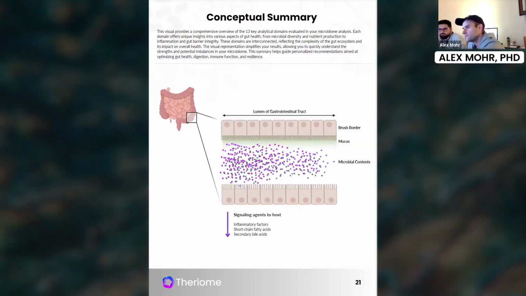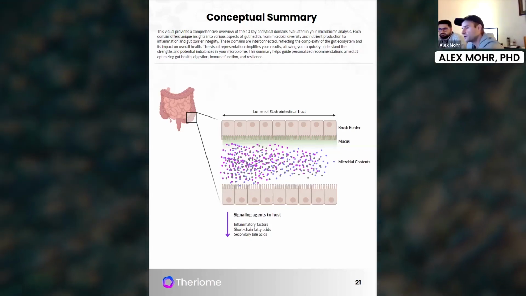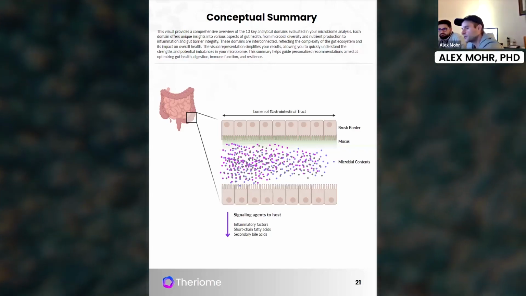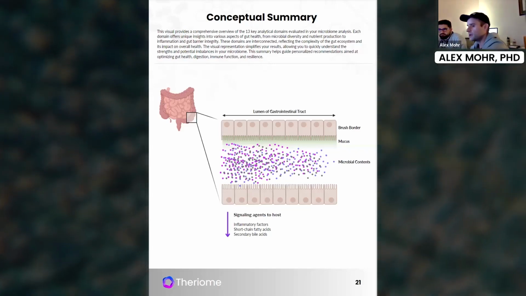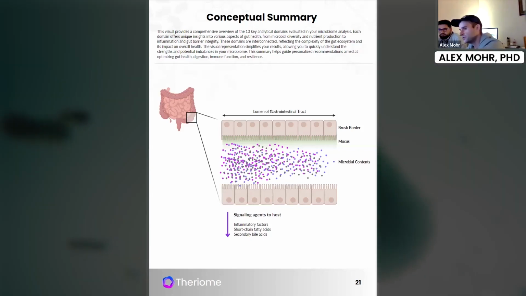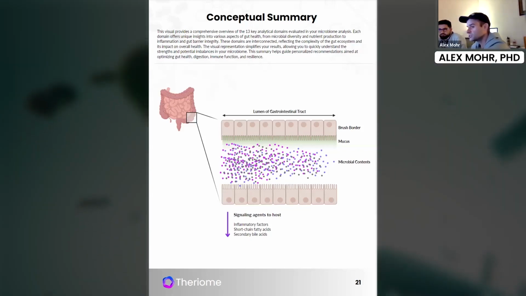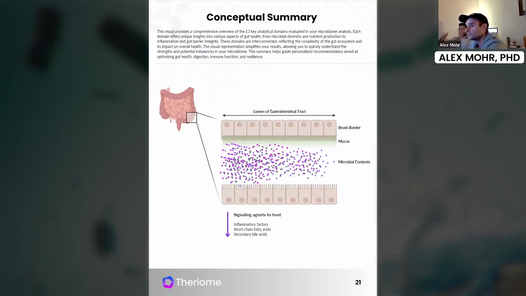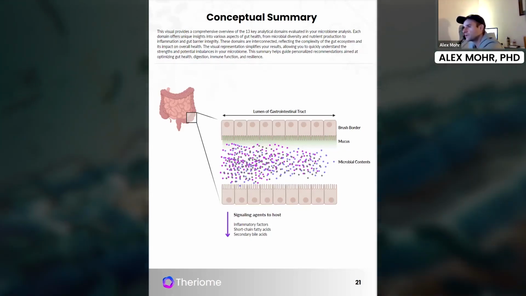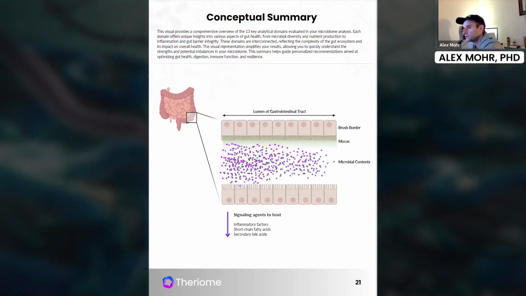We can vary the level of mucus that we infer based on the sample. We can talk about the integrity of the brush border, and then the important signaling agents that are potentially coming into circulation and interacting with host tissue. Yeah, it's all there, and all the components are in this. So this is the conceptual summary, bringing together all 13 key analytical domains.